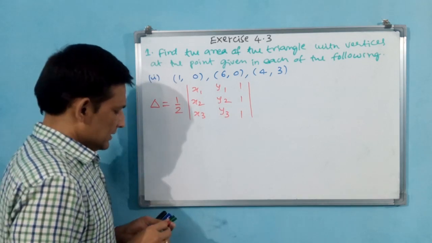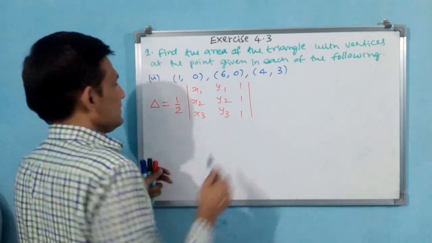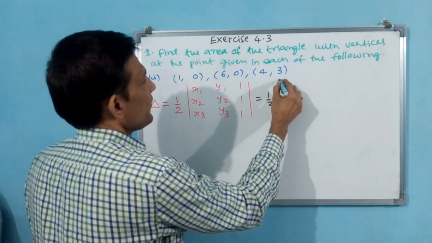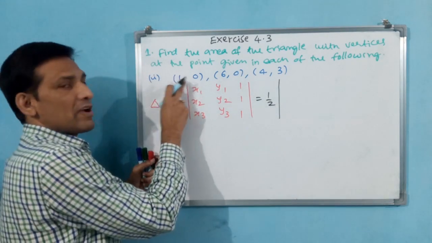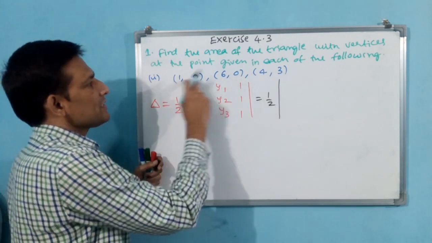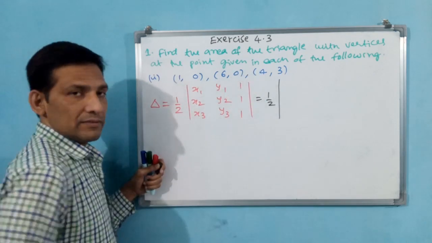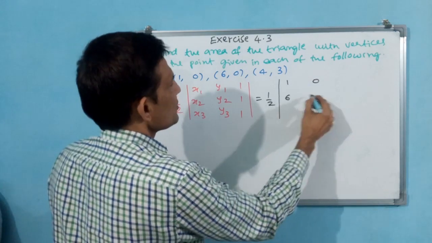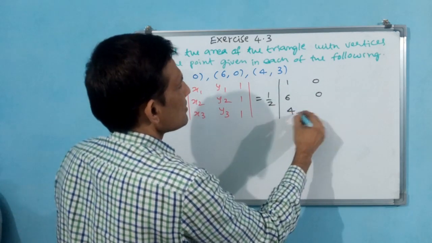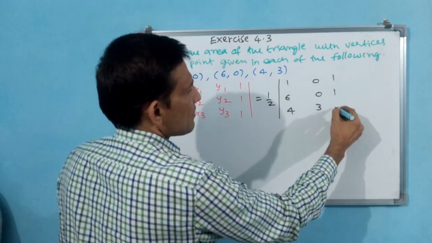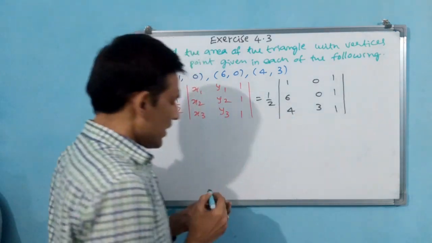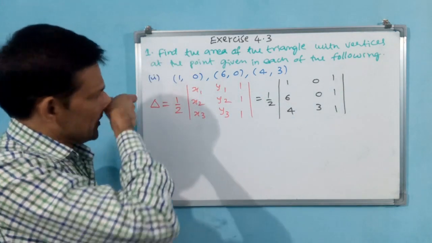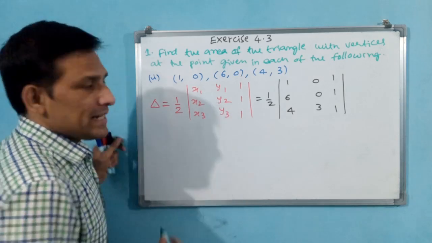Now proceed. That is equal to half into, let x1 y1, x2 y2, x3 y3 like that you write first these 3. Directly I am copying now. 1 0, 6 0, 4 3. Afterwards 1 1 1. Is it okay? Okay. Now you expand.